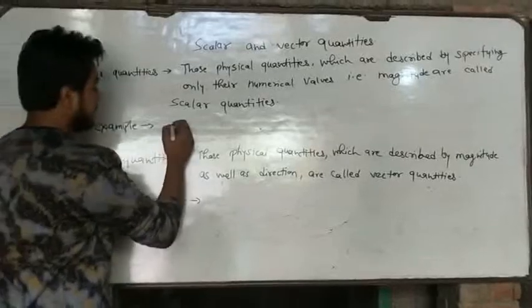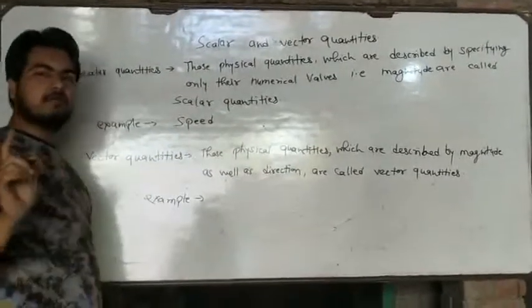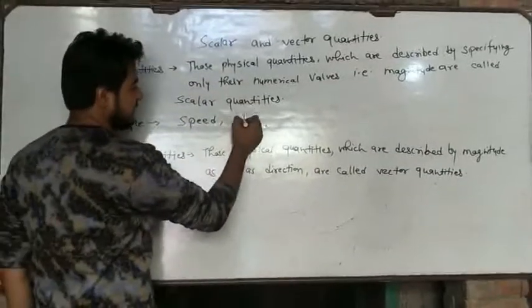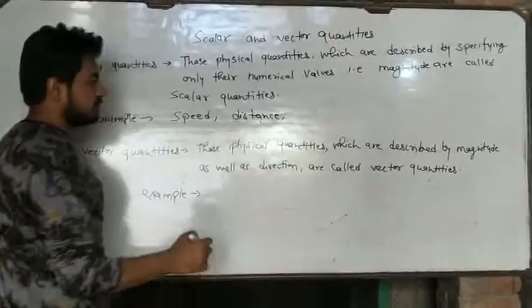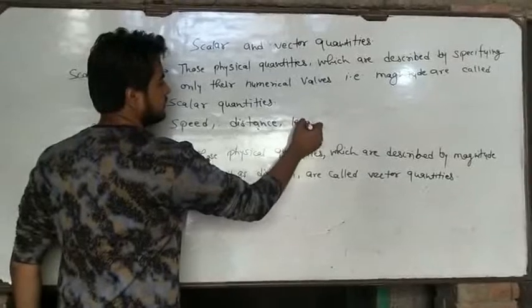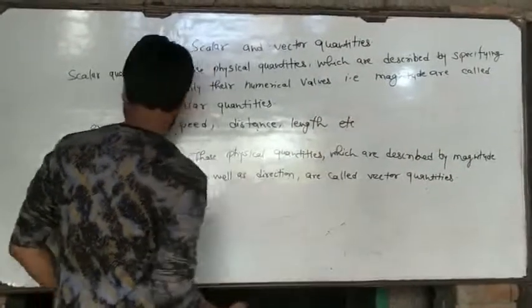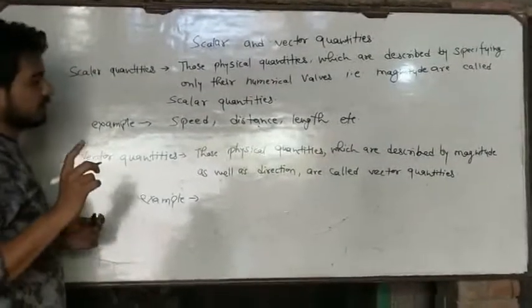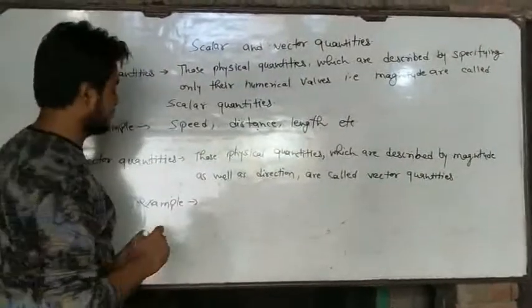Examples: speed. Speed does not require direction. Distance. Length, etc. Vector quantities require magnitude as well as direction.